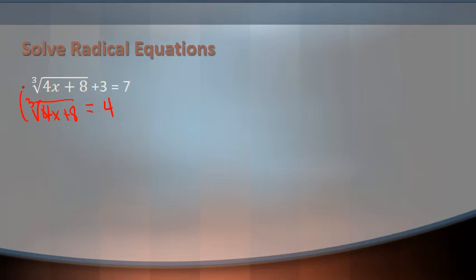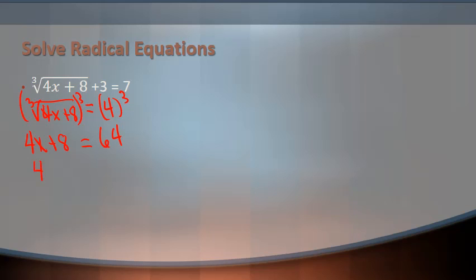And now I'm going to cube both sides of the equation. And so cubing the cube root of 4x plus 8 is just going to give me 4x plus 8. And let's see, 4 cubed, 4 times 4 is 16. 16 times 4 is 64.